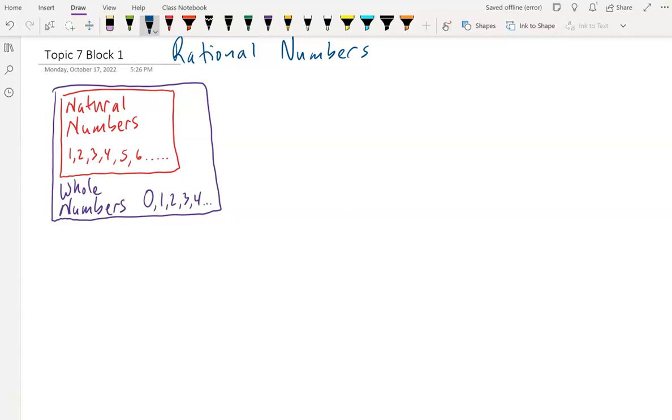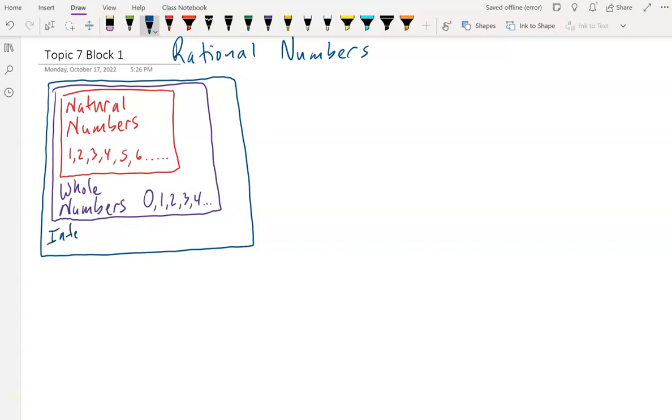Now we're going to make a new box, just slightly larger than the whole numbers box. Notice that the natural numbers and the whole numbers are inside this box because they are part of this group. And this is the group of integers. The integers are everything you see already. They are the natural numbers, the whole numbers, but now we are also going to add their opposites.